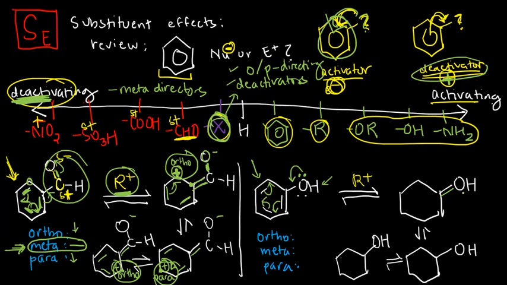This would have a double bond that would give my O an excess bond, making this positive. The double bond here a while ago will now be here. The double bond here a while ago will now be here. And the double bond here a while ago will be concentrated on this carbon as a negative charge, particularly on the ortho position.